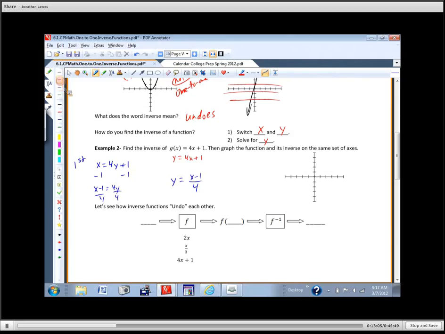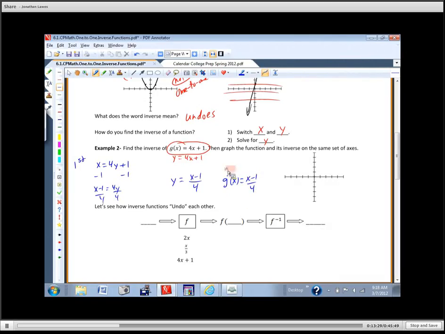So, if this is the original function, now again, this was written in function notation. If that's the original function, we found the inverse. The way we'd write the inverse in function notation, it would look like this. We'd write g with a negative 1 that looks like an exponent, but it's not. I'll explain more about that in just a second. So this would be (x minus 1) over 4.